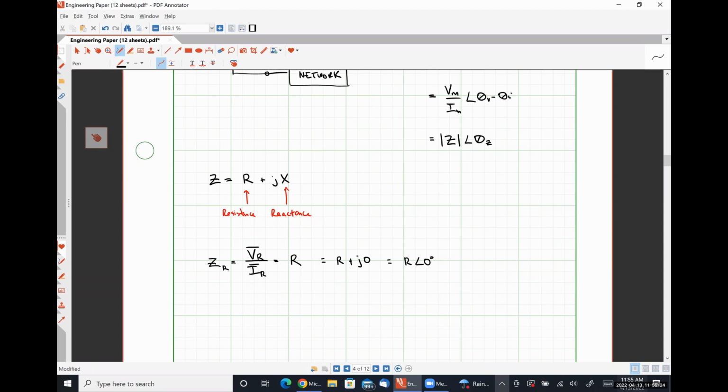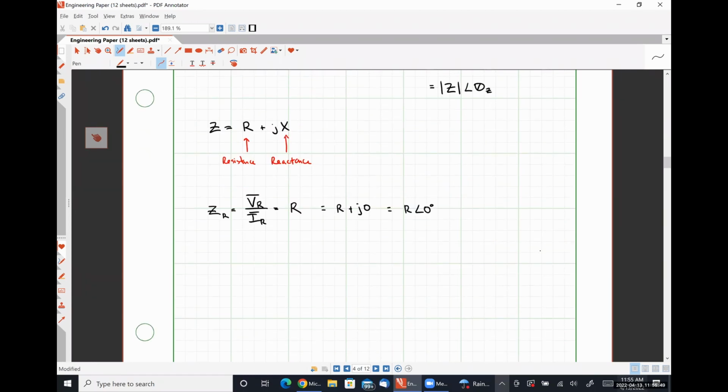So this tells us that for a resistor, we should not expect to see a phase shift between the voltage and current, because the phase angle of resistance is always 0, which is exactly what we observed looking at our complex number relationships previously.